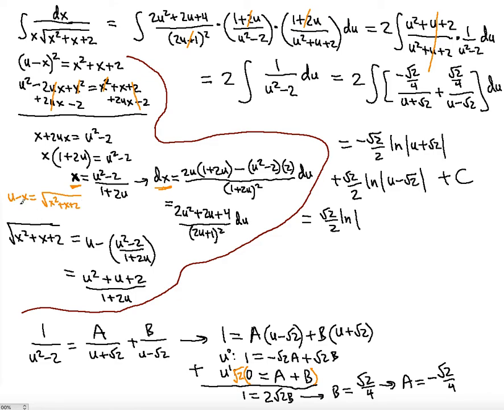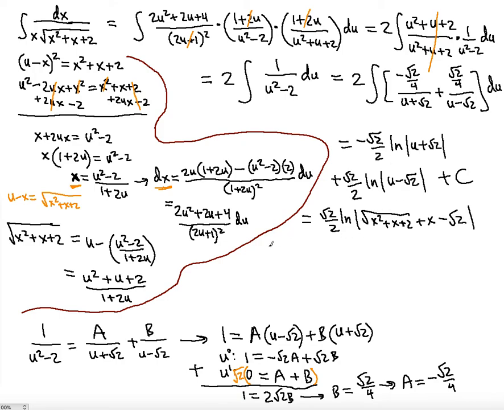So adding x on both sides, u is this plus x. So that's the square root of x squared plus x plus 2, plus x outside the radical, which gives us the u value. Don't forget minus radical 2, absolute value closed.